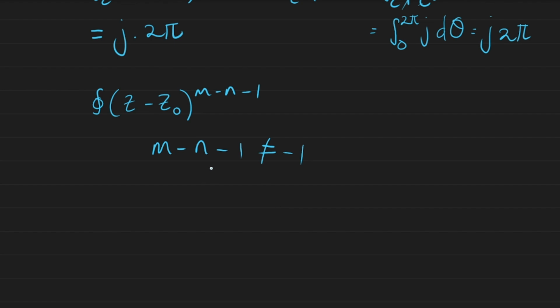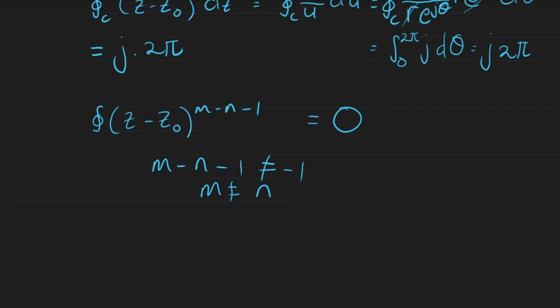So this is the scenario where m and n are not equal. When m and n are not equal, all that happens now is that this entire integral becomes 0. So that is another major important result.